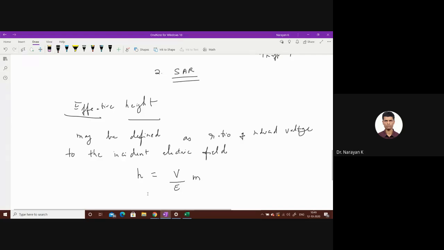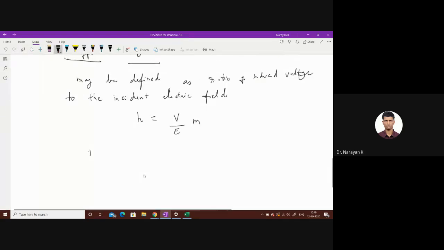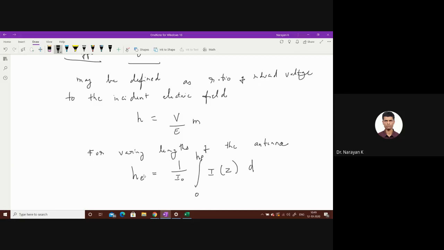For varying lengths of the antenna, effective height can be defined as 1 upon I naught, integration from 0 to H_p, that is nothing but the length of the antenna, I of z dz.